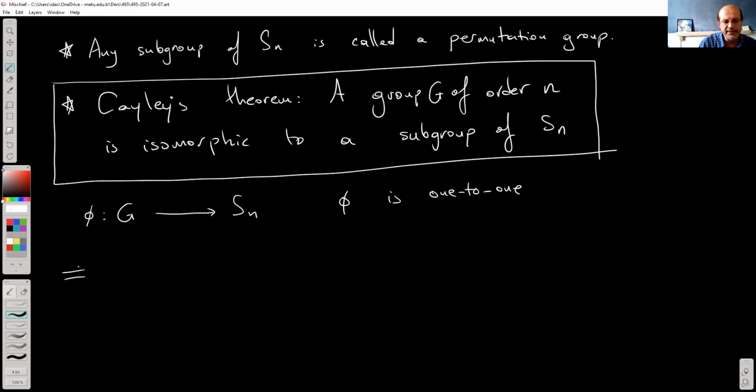So that means the group G is basically isomorphic to its image, the image of that homomorphism. And that image is a subgroup of Sn. So that's a permutation group. This implies that you can think of any group as actually a permutation group in an abstract sense. Any finite group, right?